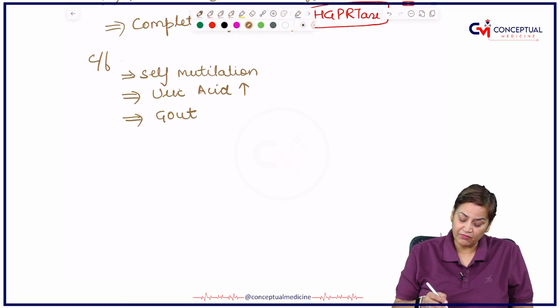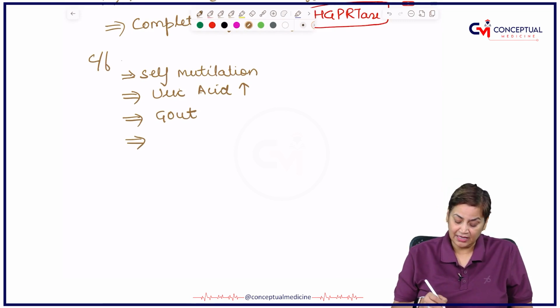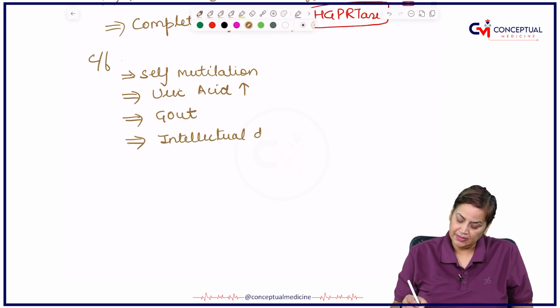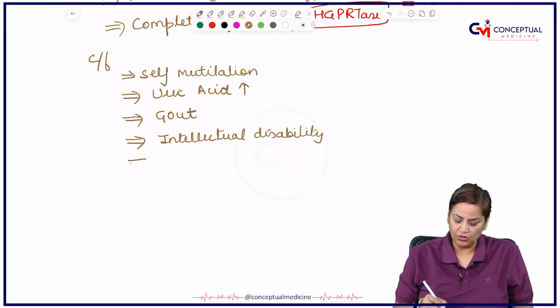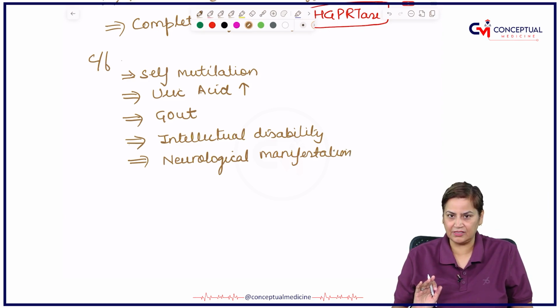And the most important one is that the IQ level will be low and he will have an intellectual disability, or neurological manifestations too. So this is Lesch-Nyhan syndrome.